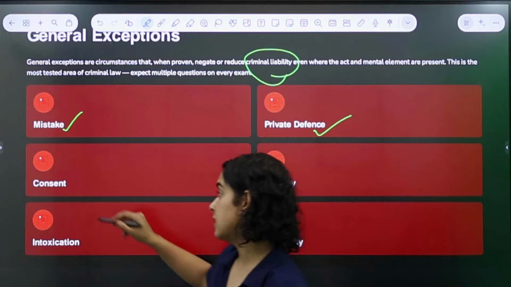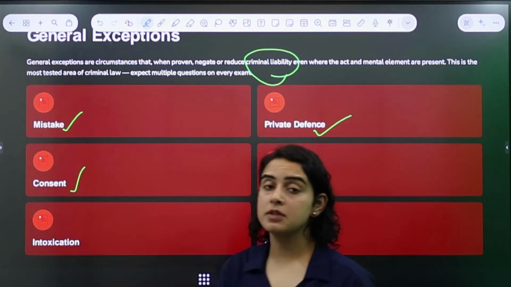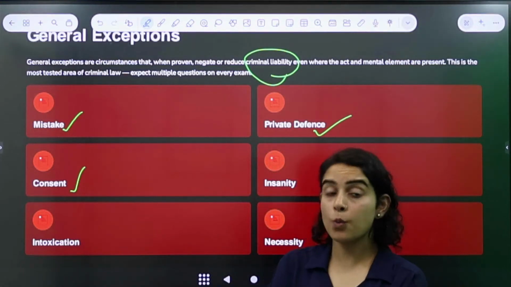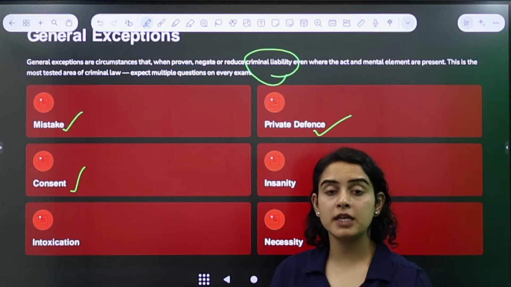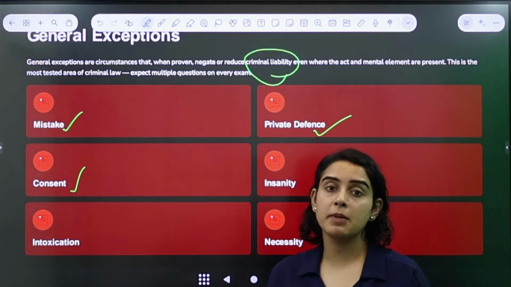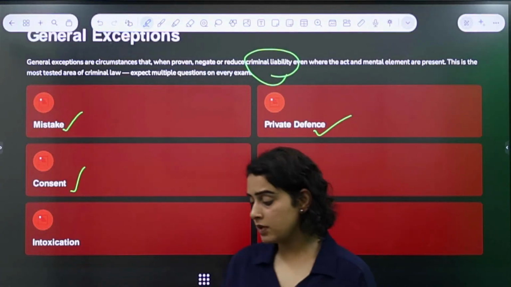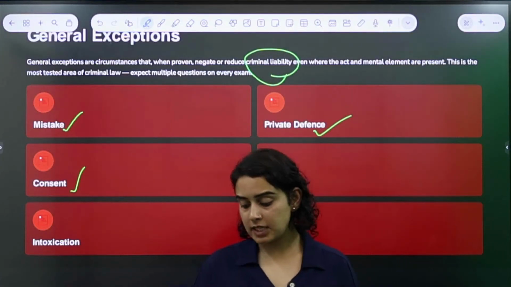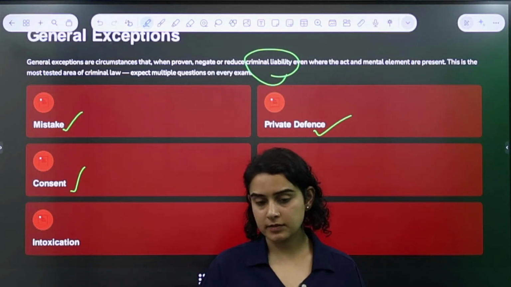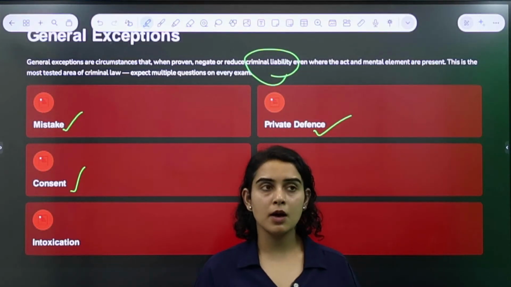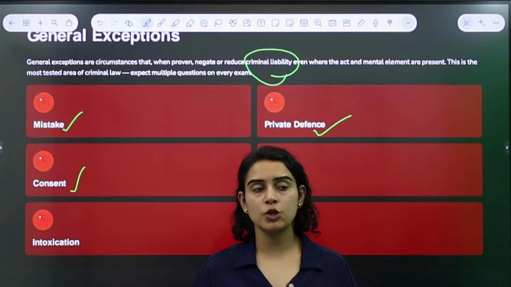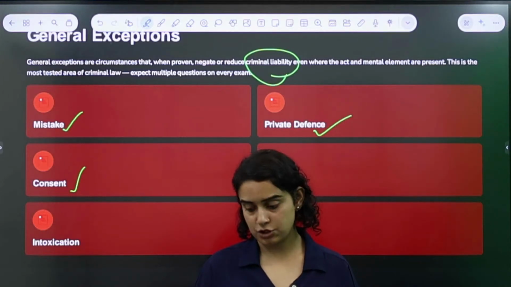Then is consent. Consent is when the other person was aware that if this thing is done to him, he might get killed by your hands, or he might be harmed. Let's say you are a boxer and you are agreeing to participate in a boxing match, right?